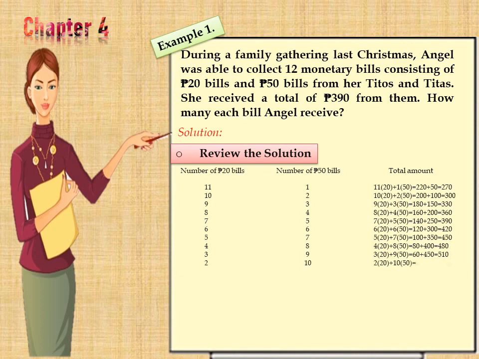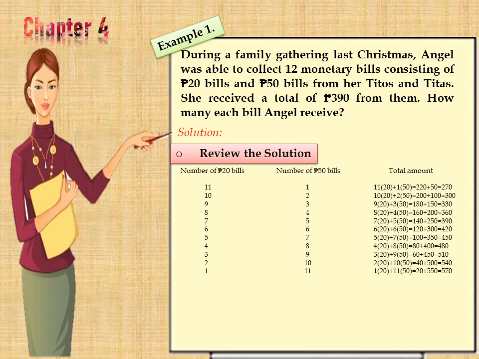Next, we have 2 20 peso bills and 10 50 peso bills. So the total amount would be 2 times 20 plus 10 times 50 equals 40 plus 500. This will give us 540. So the last one is we have 1 20 peso bill and 11 50 peso bills.